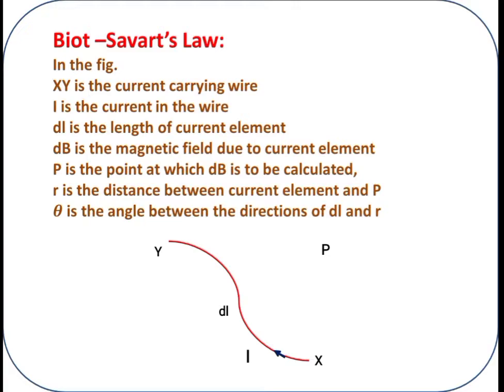Now, as we know, the surrounded area acts as a magnetic field. Suppose we consider a point P which is away from this element, or outside the element.